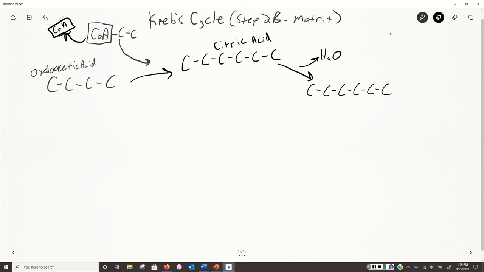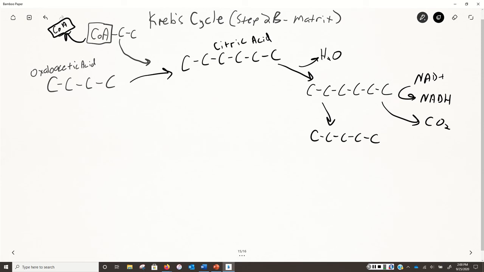But once we're in that stage, NAD plus is going to come along, take some electrons and some protons, and leave as NADH. Once that happens, we're going to lose a carbon dioxide. And if we've lost a carbon dioxide, what do we have? We have a 5-carbon compound.